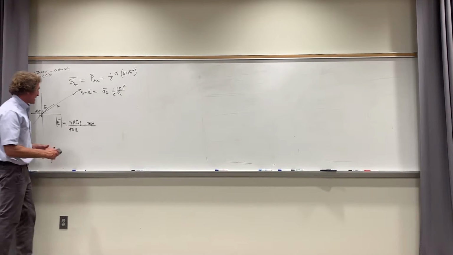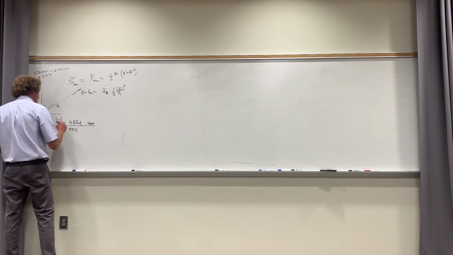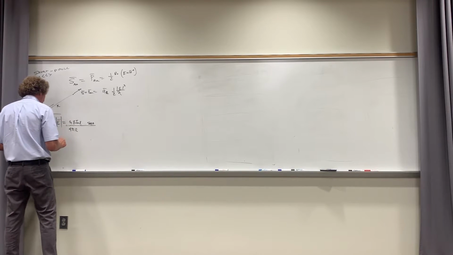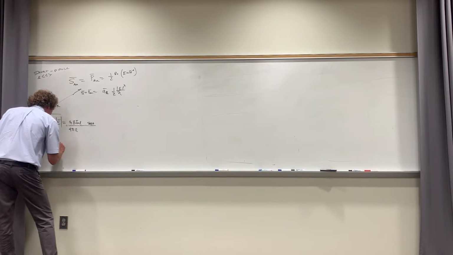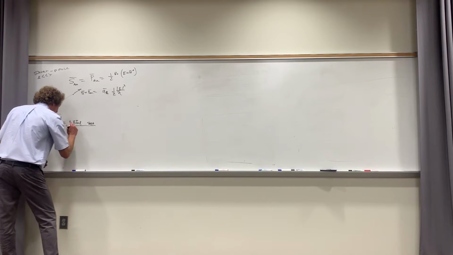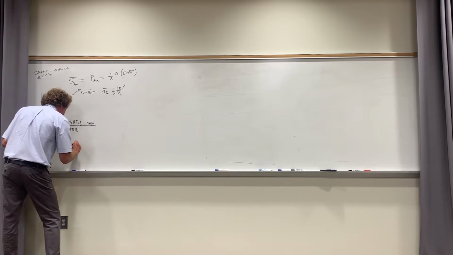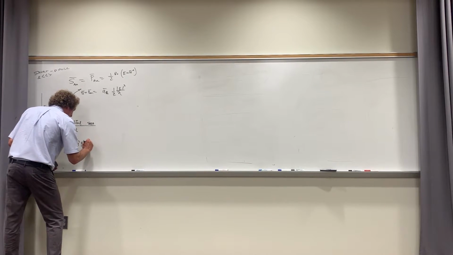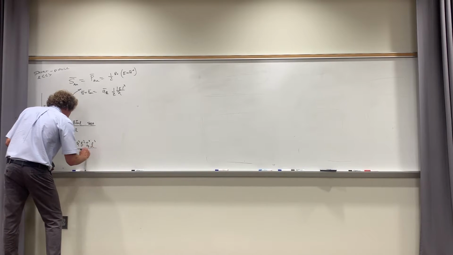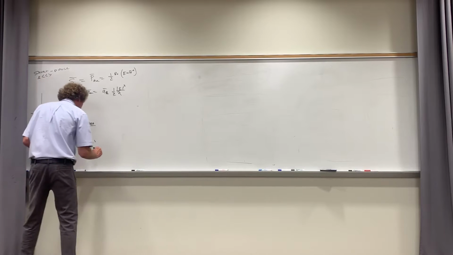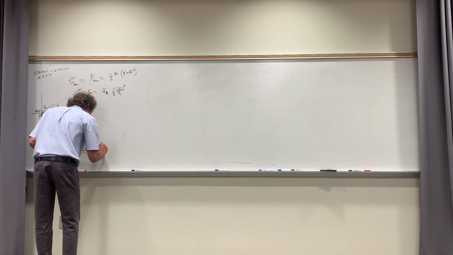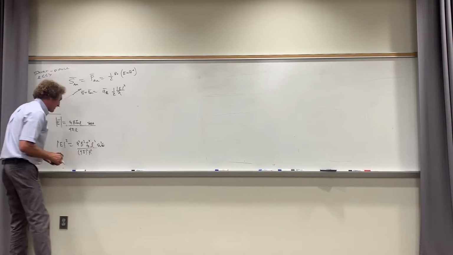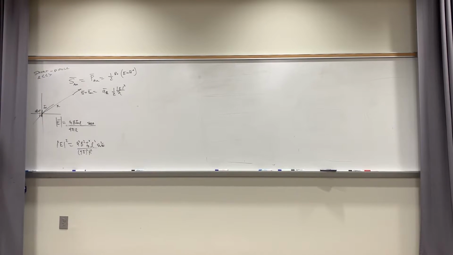Now, if I take this and I square it, magnitude of the E field squared is equal to eta squared, beta squared, I naught squared, L squared over 4 pi quantity squared, R squared, times sine squared theta. I just squared everything. Agreed?